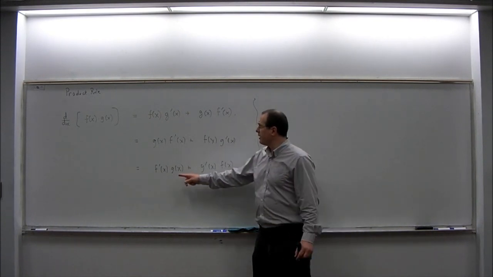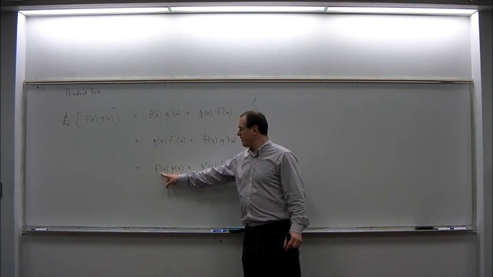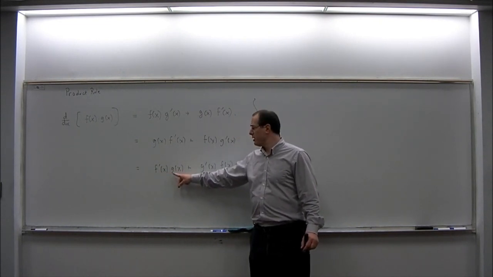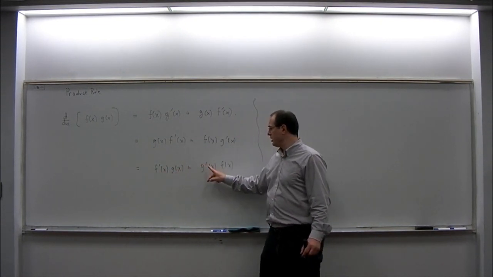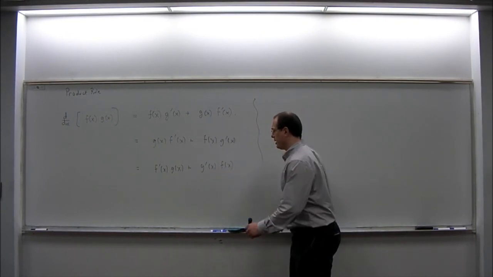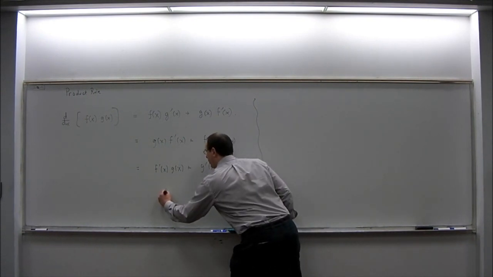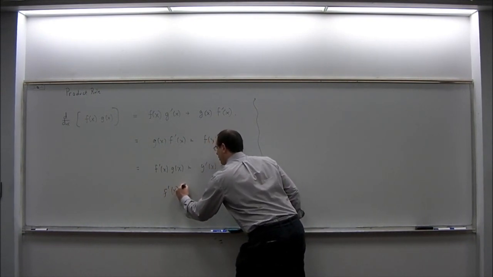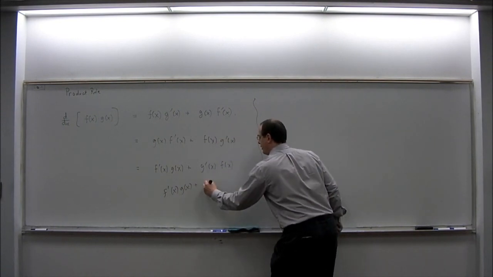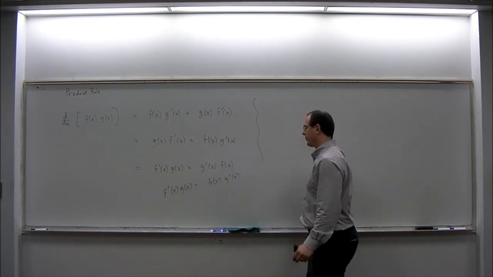In many cases I actually prefer this form, f prime of x times g of x, the derivative of the first times the second, plus, and on this one, I might even prefer f of x times g prime of x.